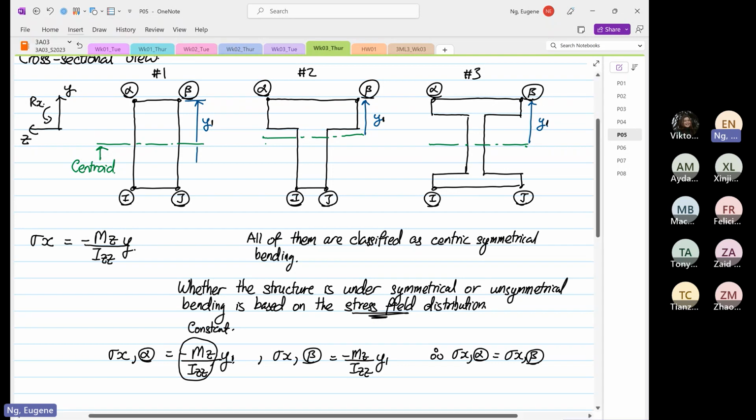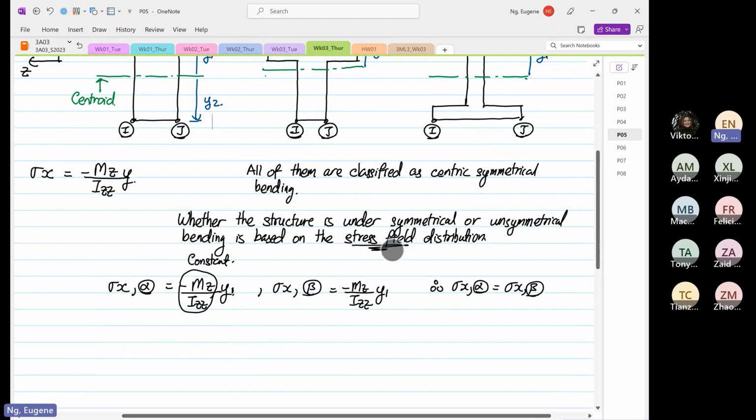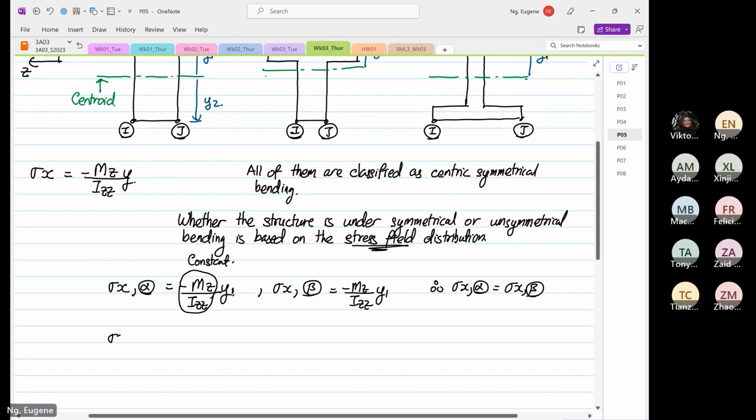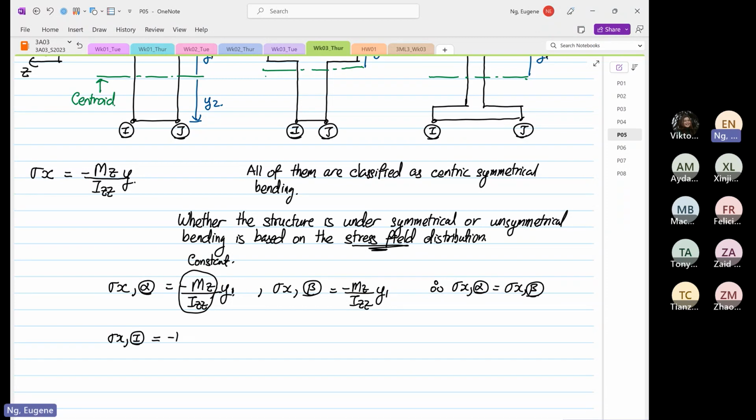And then if you look at I and J, this distance is y2. Stress X at point I is equal to minus Mz over Izz multiplied by y2. And stress X at point J is also equal to minus Mz over Izz multiplied by what?